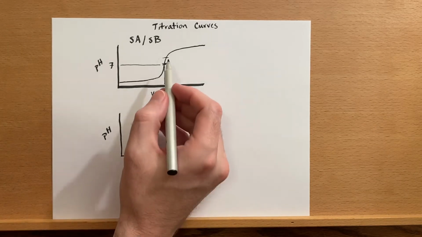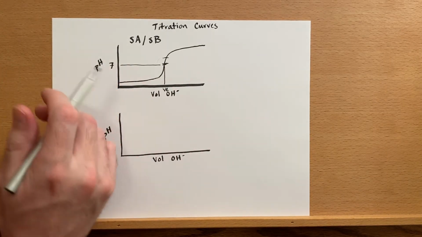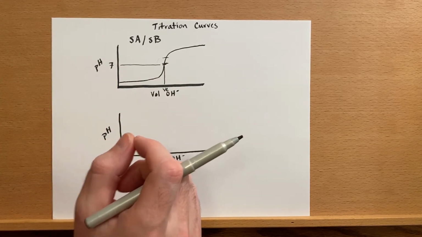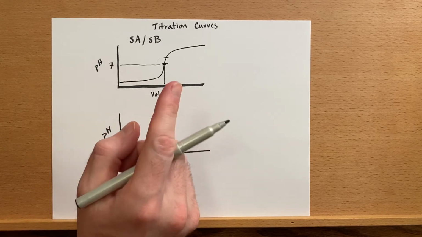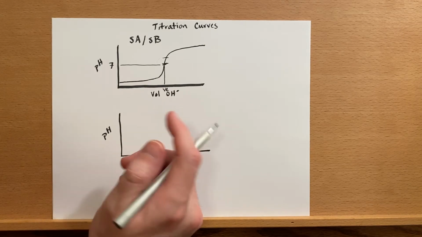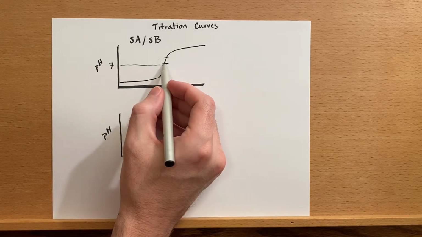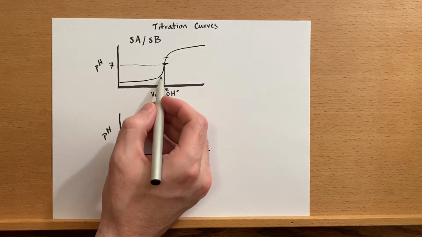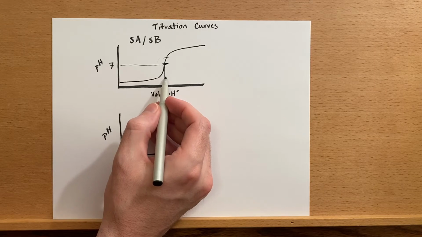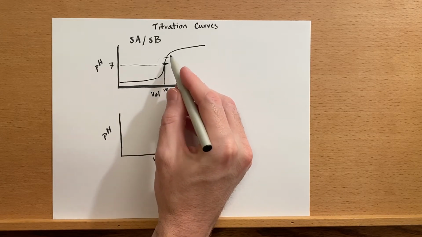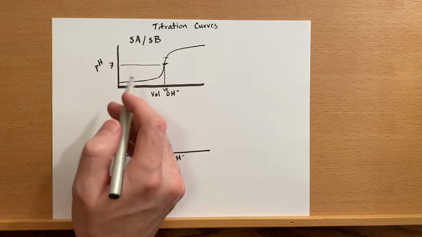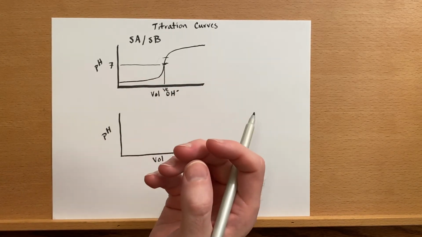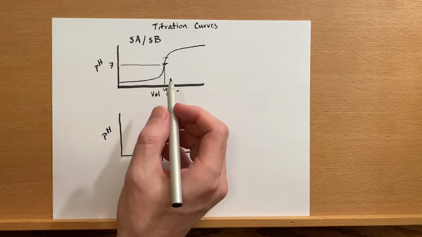And part of the reason for that is because we'll have smaller amounts of error when we're doing this analysis, because we want one drop to change the color dramatically. And so since the slope of this line is very high right here, a very small change in the x causes a very dramatic change in the y. And this will increase our signal, or the thing that's changing, and in that case it's pH.